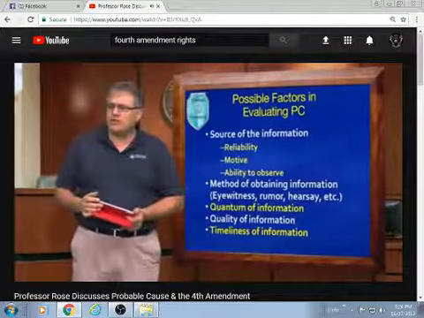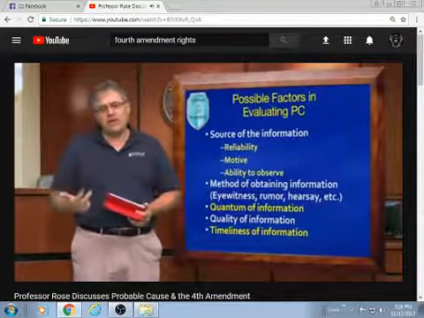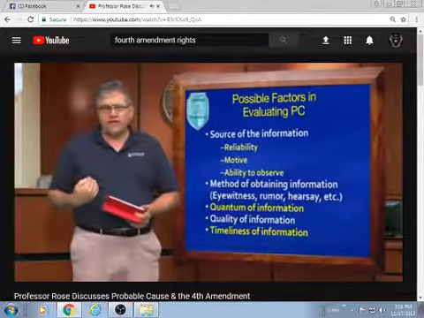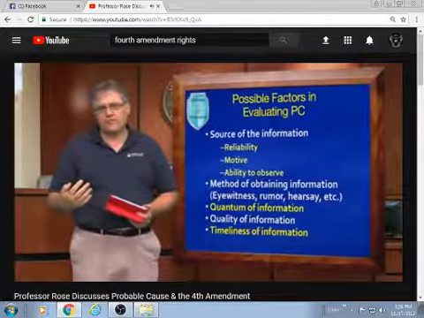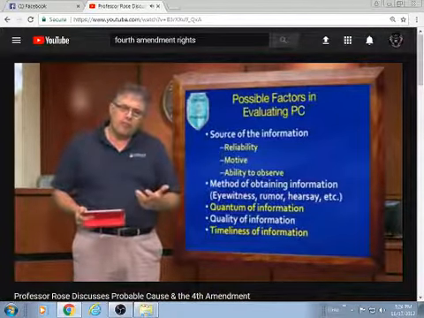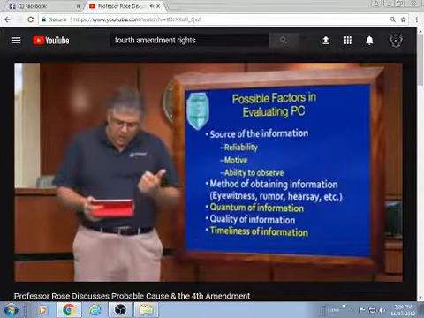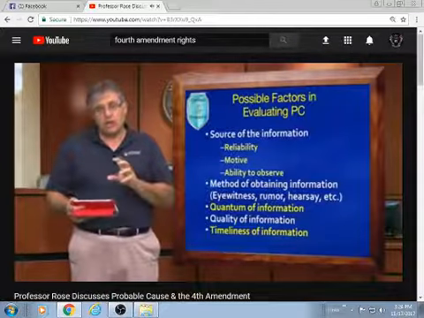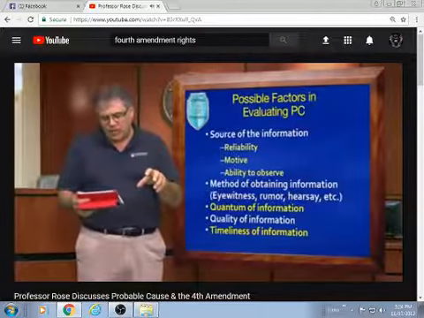And what do we mean by hearsay? Well, every statement made by a confidential informant, an informant, or a third party is in fact a hearsay statement being given to the police officer that they want to then use to form the probable cause to get the warrant. The court is going to be concerned with the quantum of information. In other words, how much information did they have?